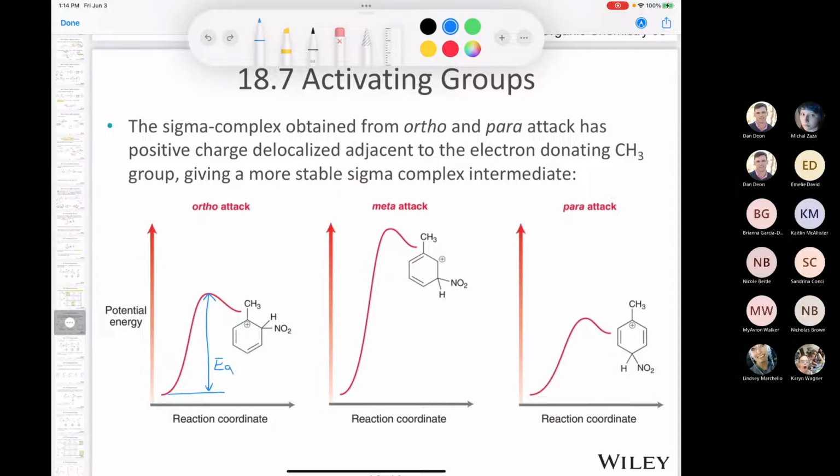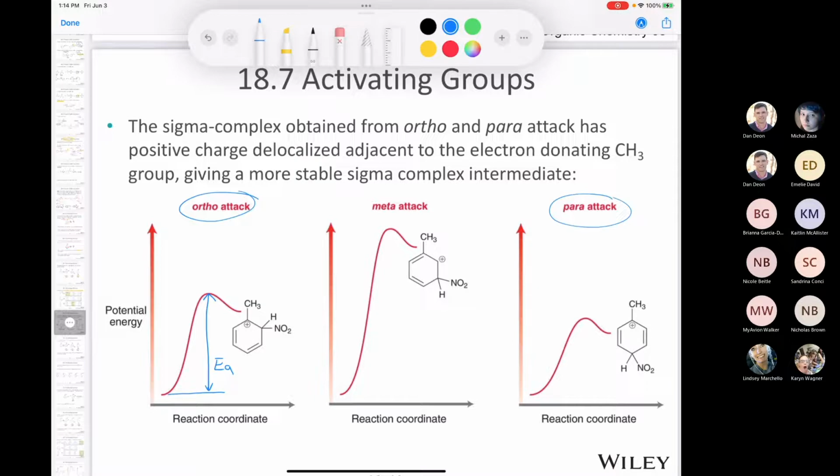The one for meta is much higher. And what do we know? Well, if the activation energy is lower, it means the reaction is faster. And so we're going to get these reactions occurring more so than the meta attack. And that is why the ortho and para predominate.